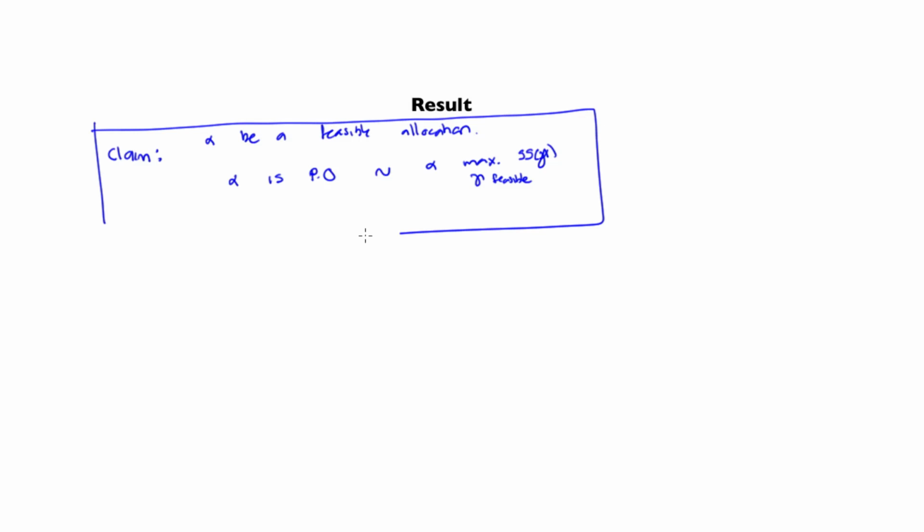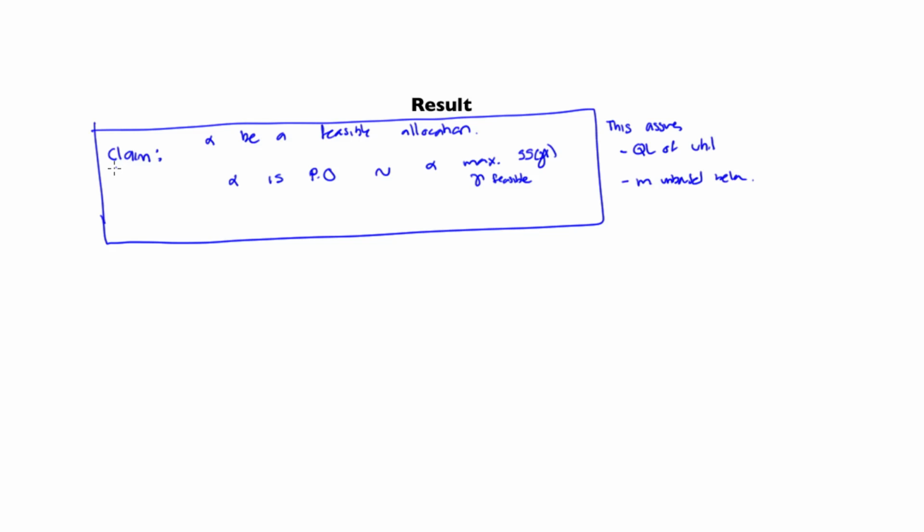In other words, Pareto optimality is equivalent to maximization of social surplus over feasible allocations. And as before, let me emphasize that this assumes quasi-linearity of utility and M unbounded below. We're going to use that in the proof.